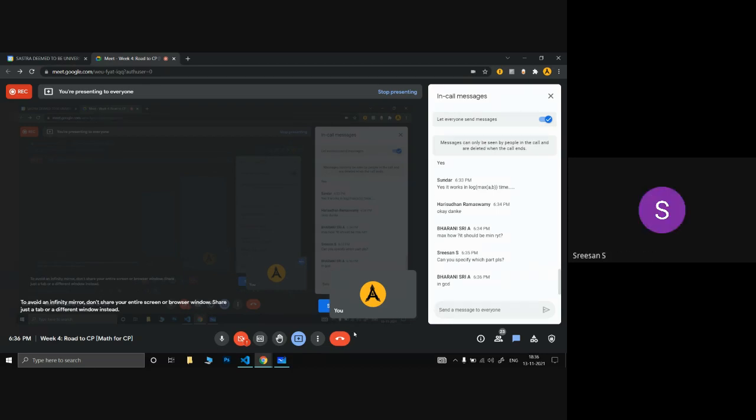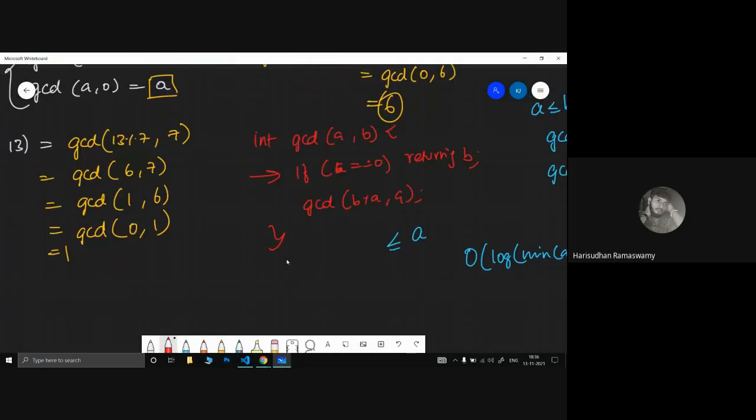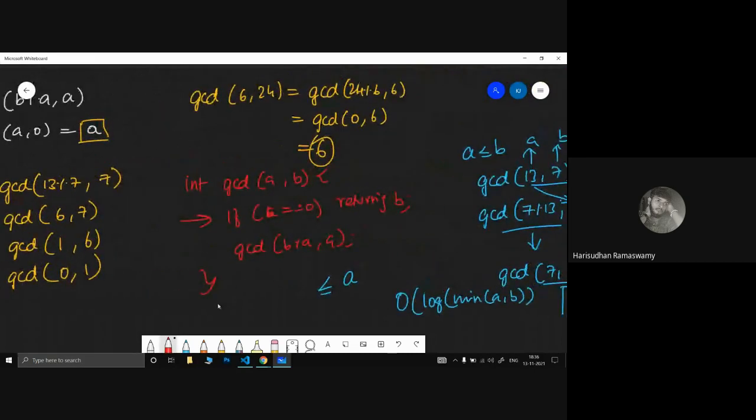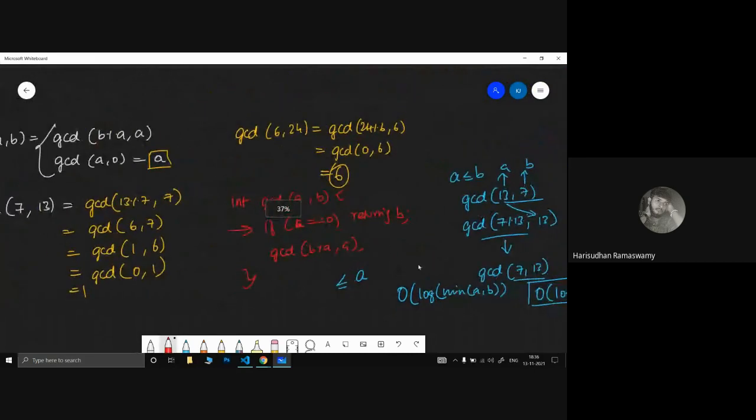Yes. Bharani C has asked a question. In GCD, may I know the max, how? It should be min, right? I'm not getting your question. I guess they are referring to the previous answer, the log of max of a comma b.